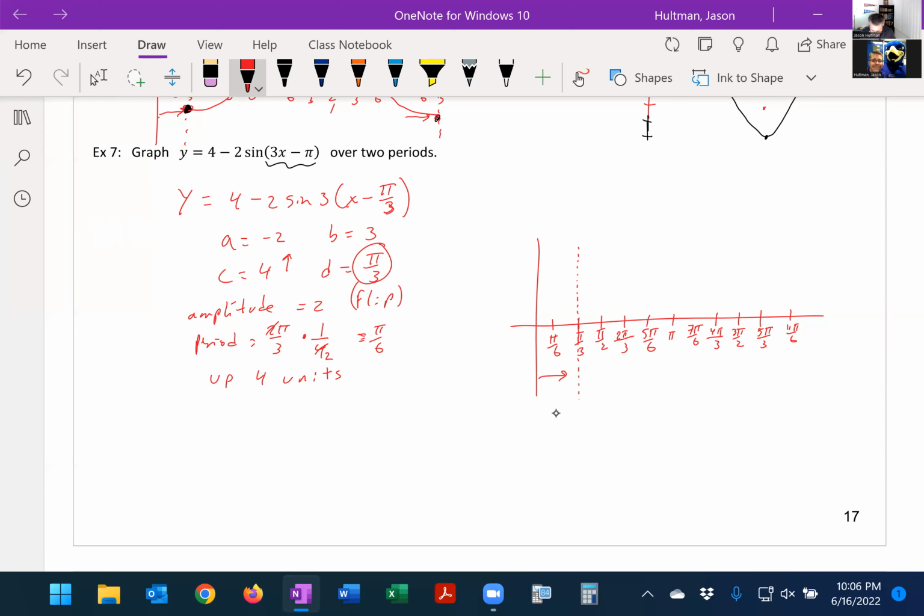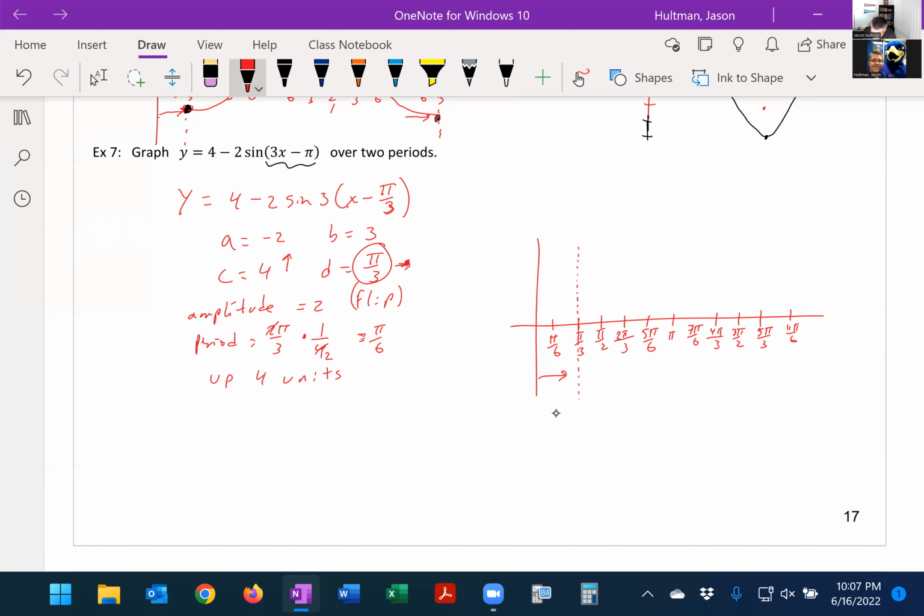Okay, so what do we want to do here? We took care of the phase shift. Now the period is 2 pi over 3, right? So 2 pi over 3, that's not that big of a period. It's basically 1, 2, 3, 4 divisions here.